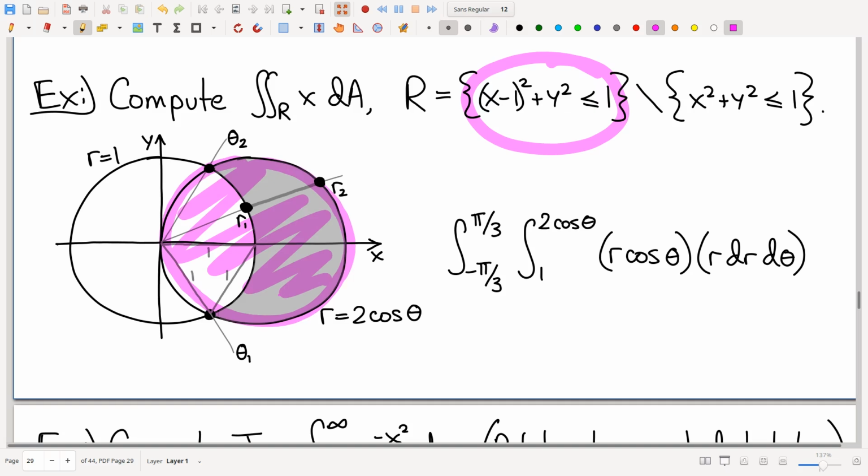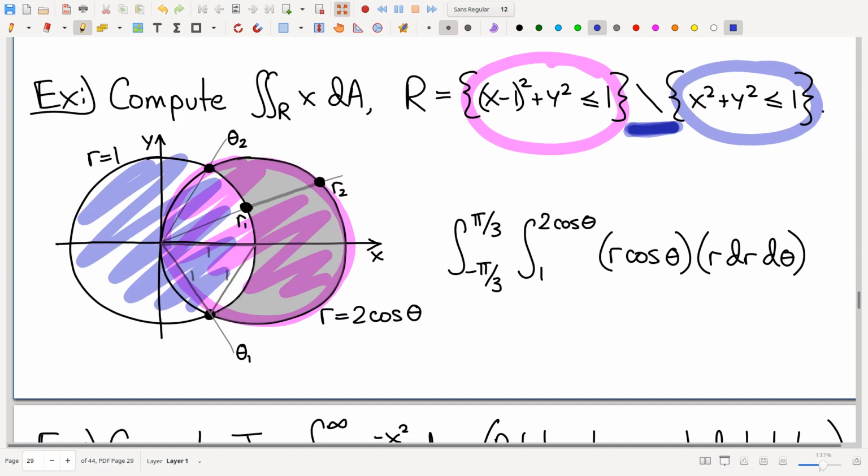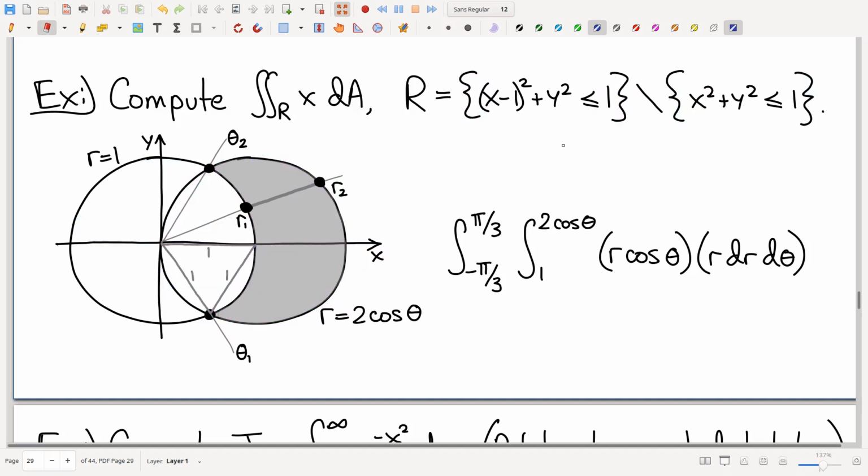Right, we're looking at what's inside of that disk. But specifically, we are looking for the part that is outside of that disk. So purple, but lop off all the blue. And that gives us this gray shaded region right here.